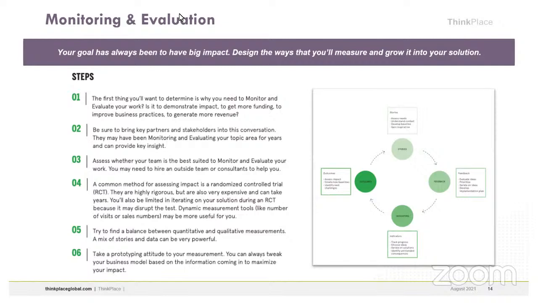But if you plan ahead of time, it always gets easier for you to have someone you can hire as a consultant to come in and do this part of the work for you.